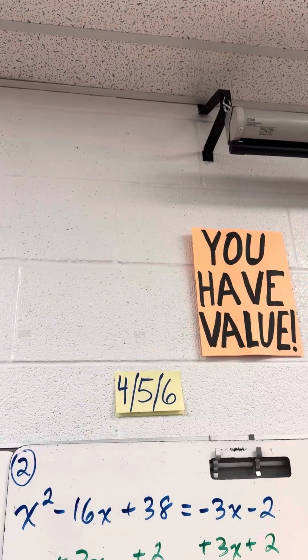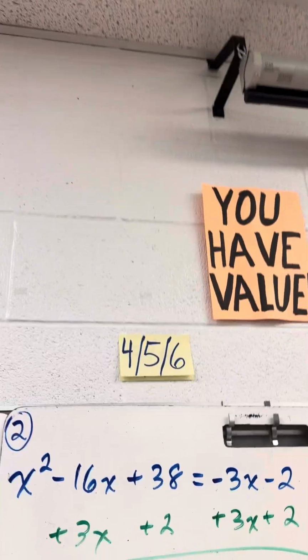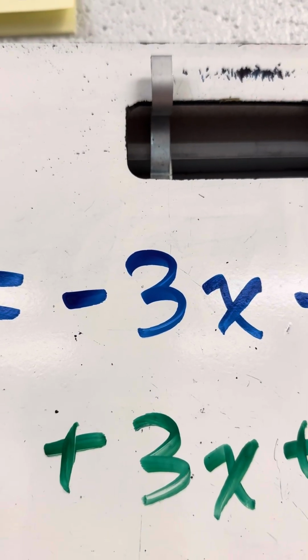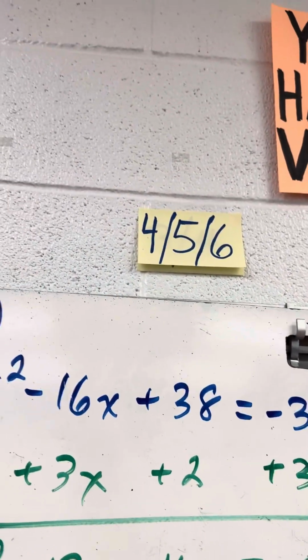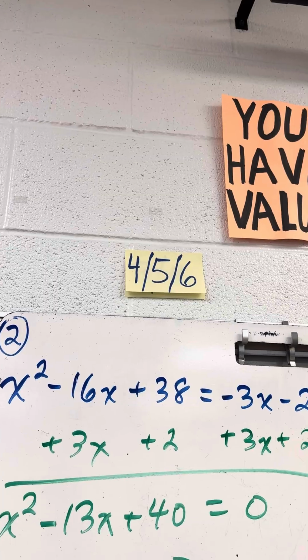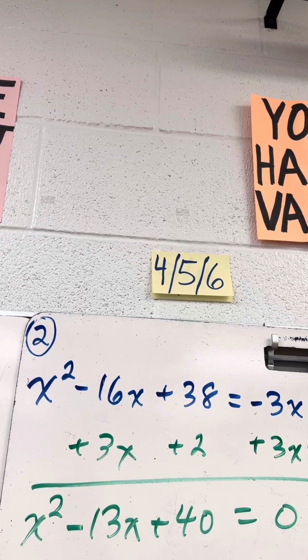X squared minus 16x plus 38 equals negative 3x minus 2. We are going to add 3x to both sides. We're going to add 2 to both sides. Okay. So we will get x squared minus 13x plus 40 equals 0. X times x equals x squared.